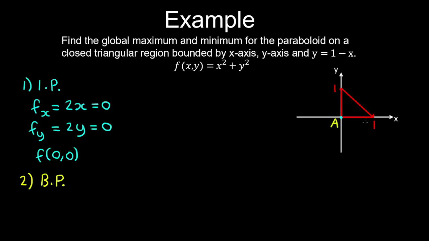Starting with the horizontal line, AB. And now we check the interior points of the boundary line. So we have the function where x is a variable and y is constant at 0. So that's equal to x squared. And taking the derivative, we get 2x.